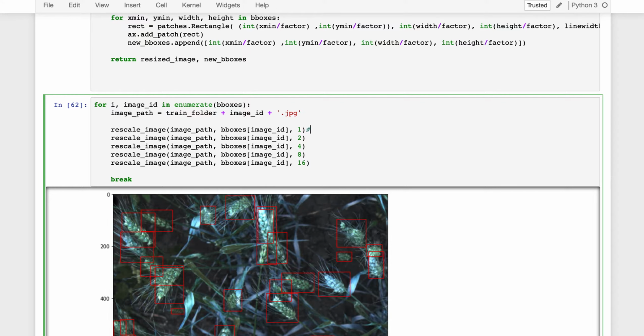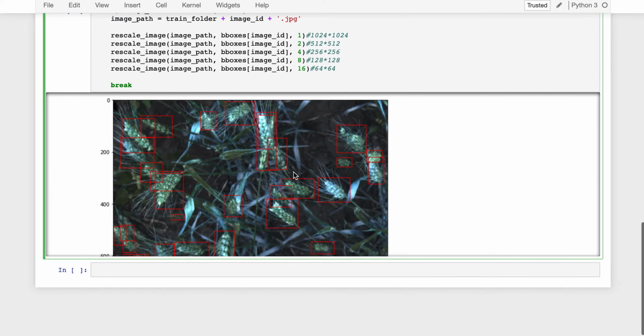The resulting size by factor 1 is just 1024 cross 1024. Then this is 512 cross 512, this is 256 cross 256, this is 128 cross 128, and this is 64 cross 64.